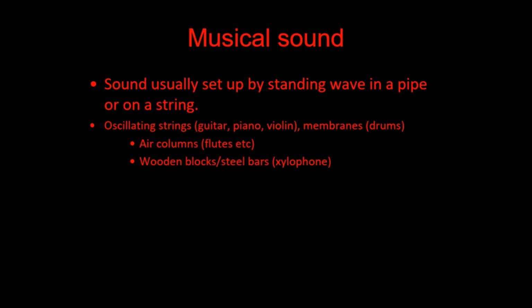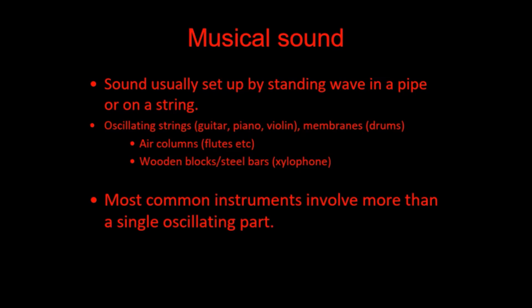But in terms of physical instruments, we're usually dealing with a wind or a string instrument, or indeed things such as xylophones, where you have wooden blocks or steel bars which are struck and set up standing waves inside of those.